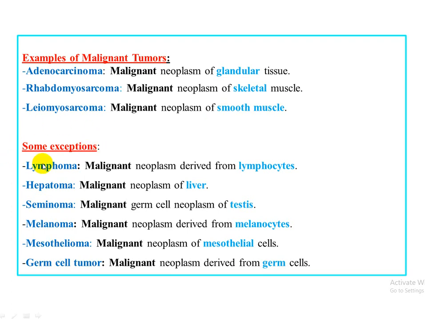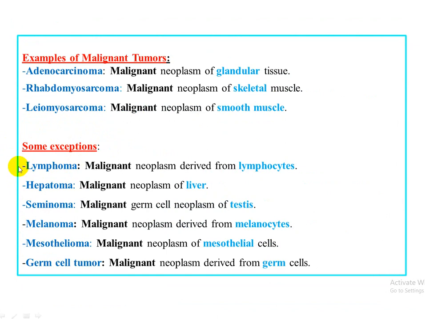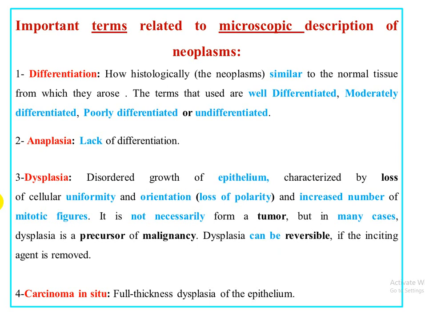There are some exceptions which do not end with the suffix carcinoma or sarcoma, such as lymphoma, a malignant tumor derived from lymphocytes; hepatoma, a malignant neoplasm of the liver; seminoma, a malignant neoplasm of germ cells in the testis; melanoma, a malignant tumor of melanocytes; mesothelioma, a malignant tumor derived from mesothelial cells; and germ cell tumor, a malignant neoplasm derived from germ cells.